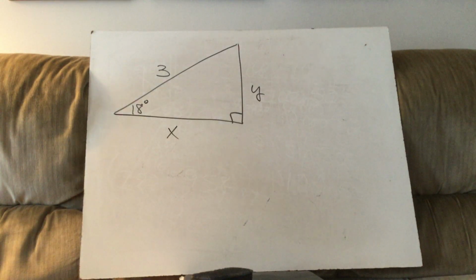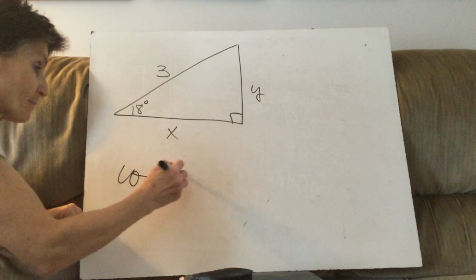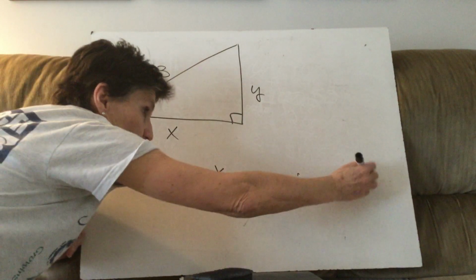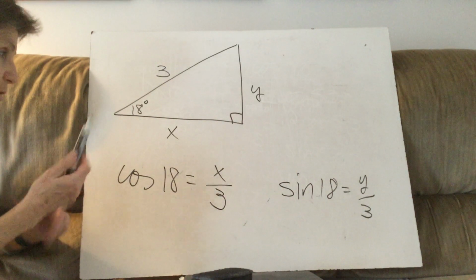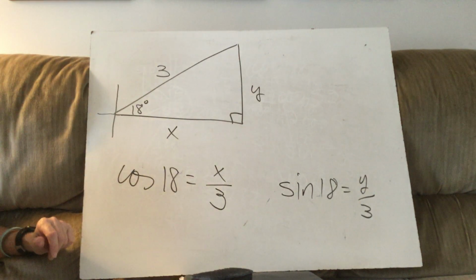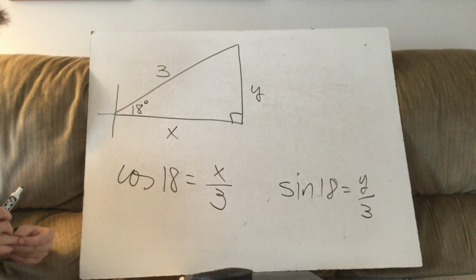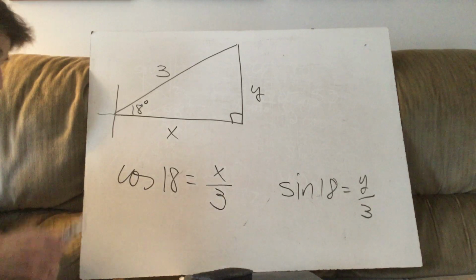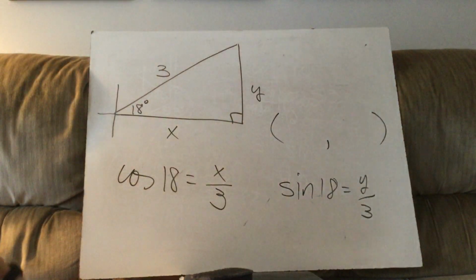Okay? So here we go. Cosine 18 equals x over 3. Sine 18 equals y over 3. Straight right triangle, Sohcahtoa stuff. Think of an axis here like this, if that helps you. I didn't think about that, but that might help you to have that axis set up like that. So, my components, again, both positive.